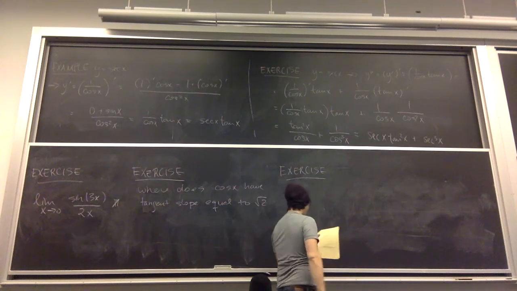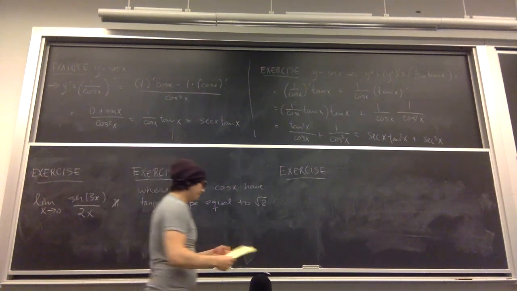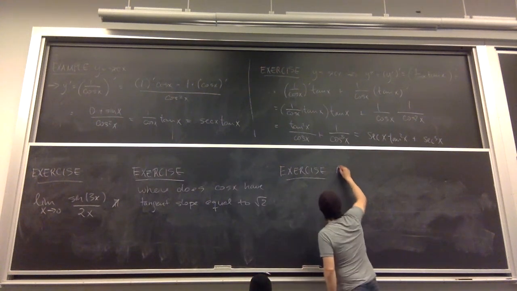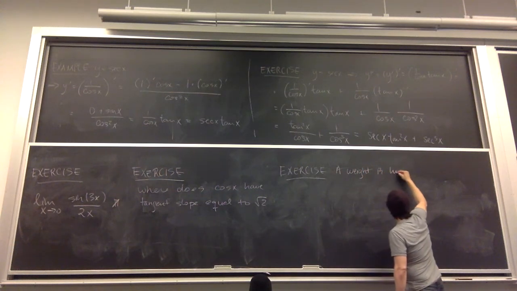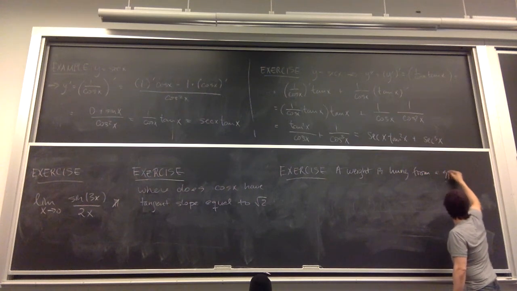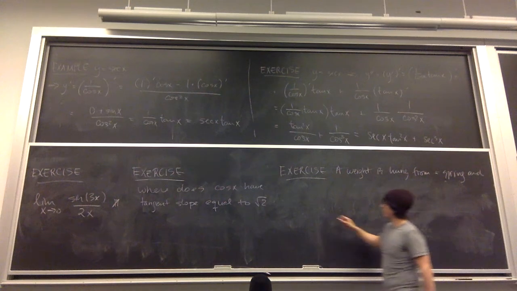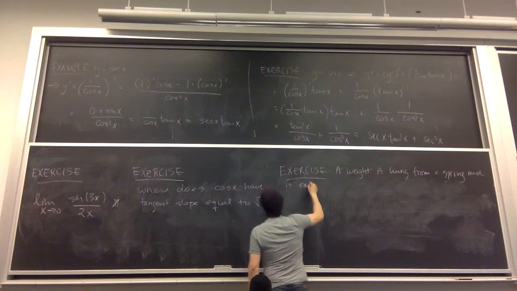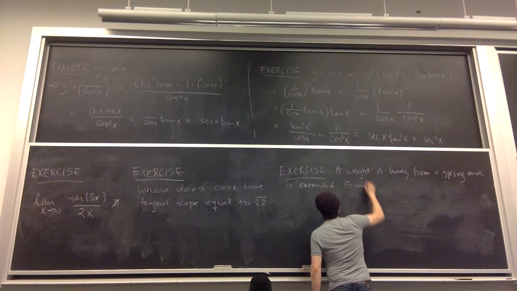a physics problem. Do you guys know how to work with springs? No? Okay. So I'm going to hang a weight from a spring. A weight is hung from a spring and is extended five units.